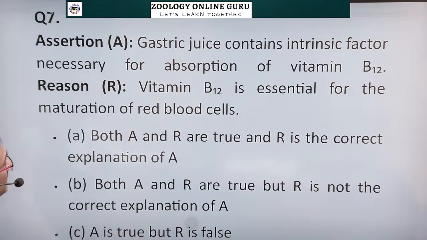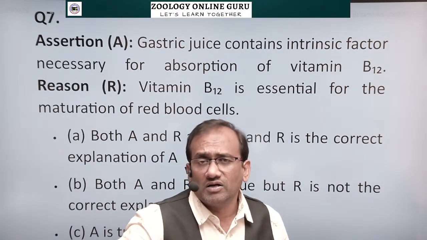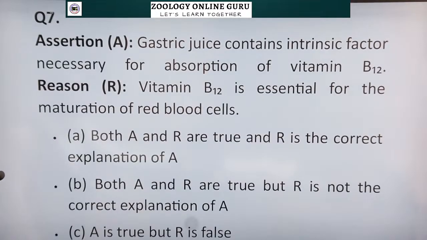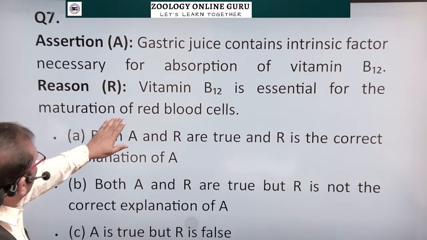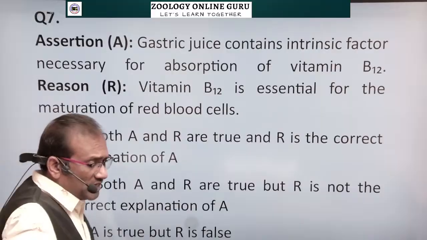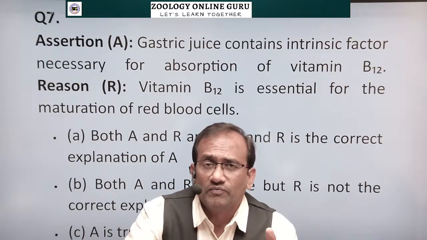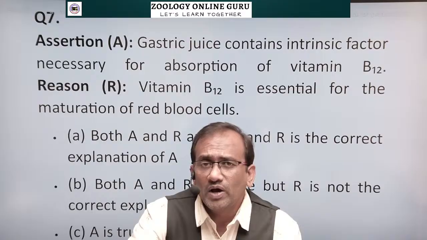Yes, Castle's intrinsic factor is secreted by the oxyntic cells, also called parietal cells. So parietal cells secrete this gastric intrinsic factor, because vitamin B12 is essential for the maturation of red blood cells. Definitely. For the maturation of red blood cells in the bone marrow, for cell division, nucleus, DNA maturation, all happen in the bone marrow.